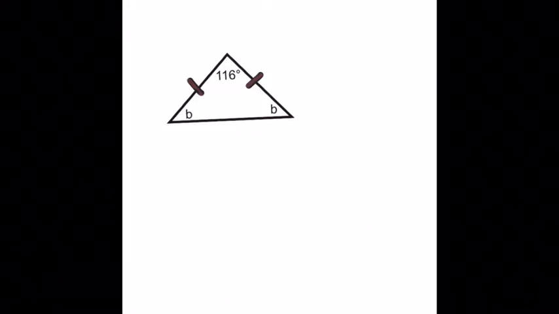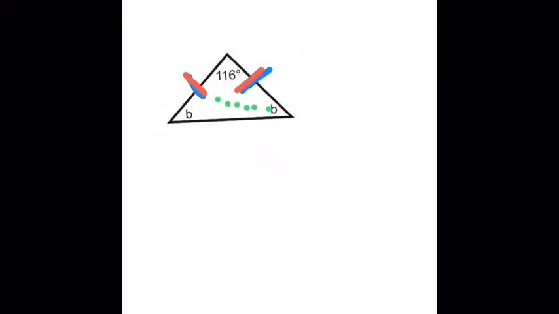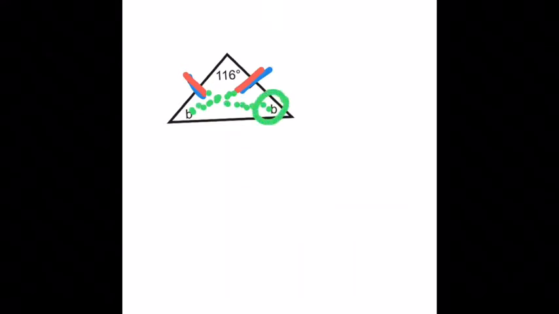So the first thing we have to understand is that in an isosceles triangle, if two of the side lengths are the same, that means two of the angles are going to be identical. Which two angles? I remember the two angles because these lines that indicate that two side lengths are the same are actually pointing to the angles that are going to be identical. So if you follow the lines, they are going to lead you to the two angles that are going to be identical. So this angle and this angle are going to be the same value.